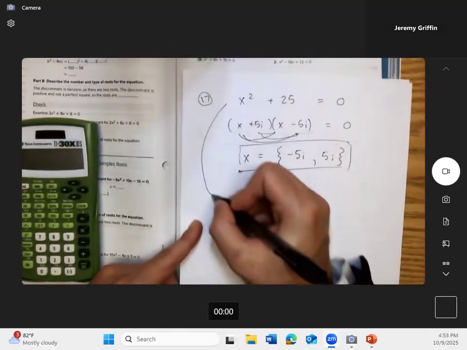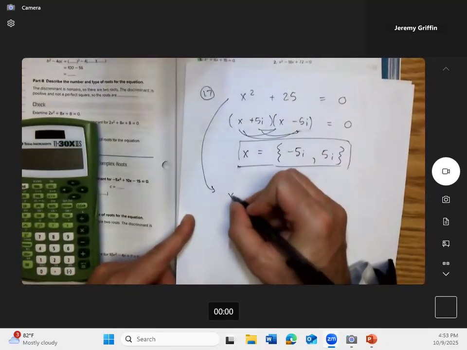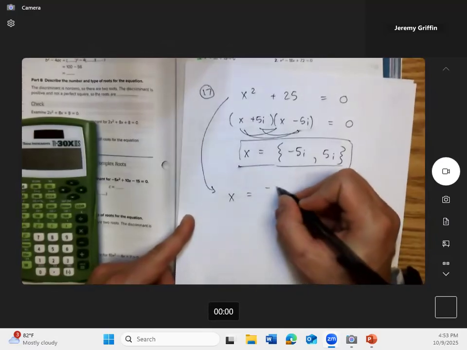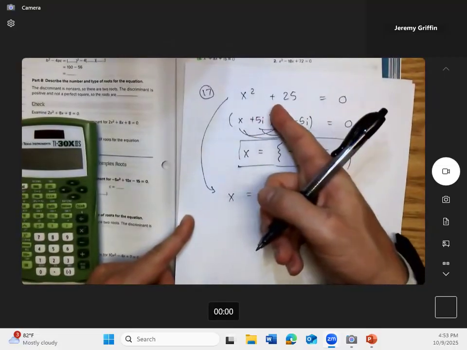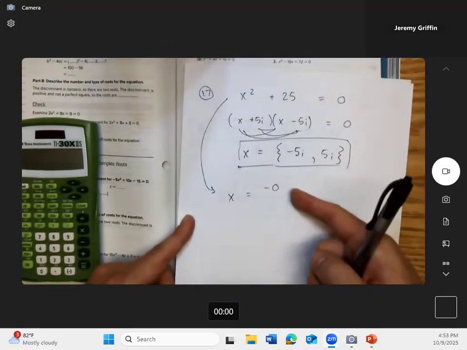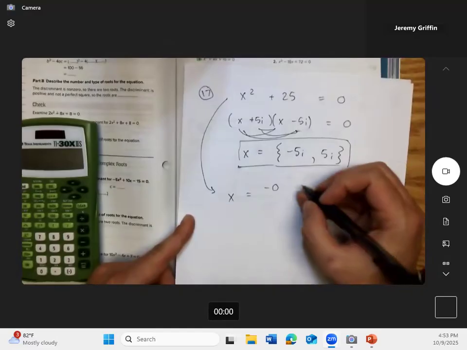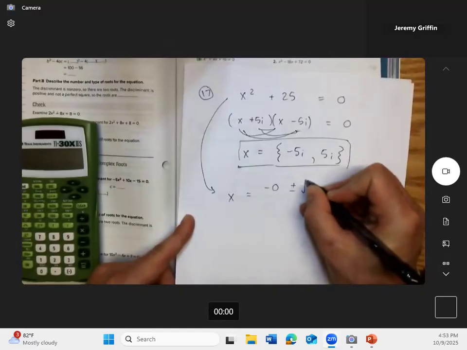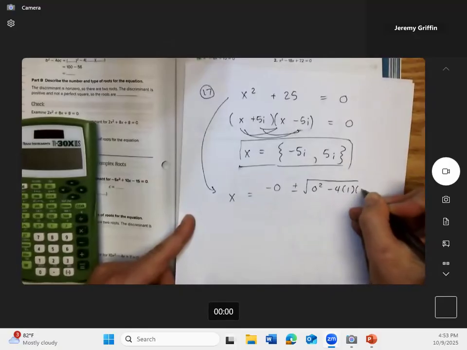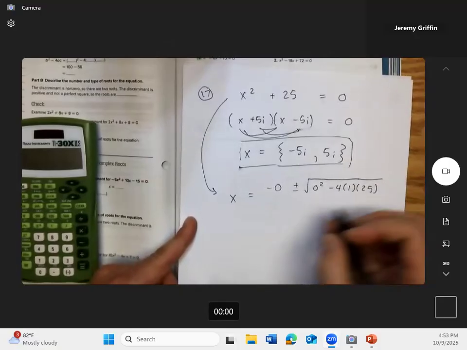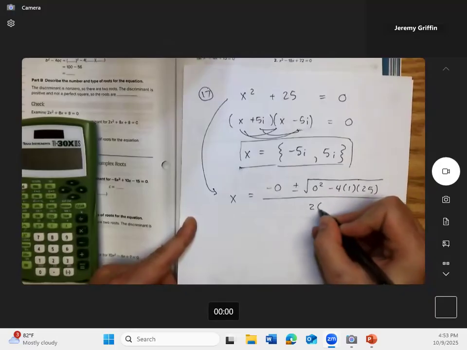Well, let's try quadratic. Let's go quadratic with this. So x equals -b, which is like -0, because there is no x term. There's an x squared, there's a constant, but there's no x term by itself. So b is 0. Plus or minus the square root of b squared minus 4ac, all divided by 2a.